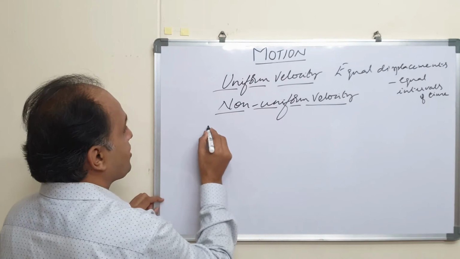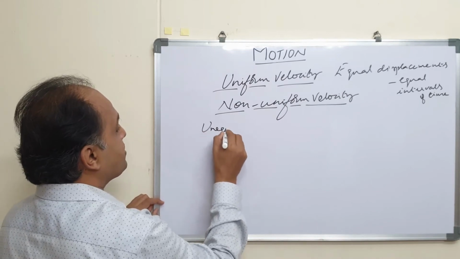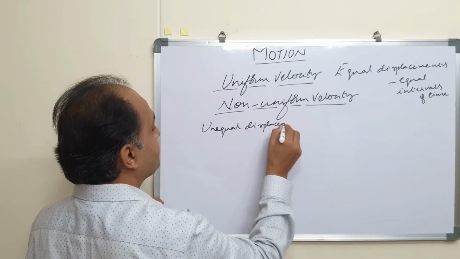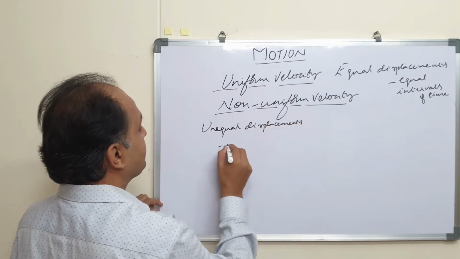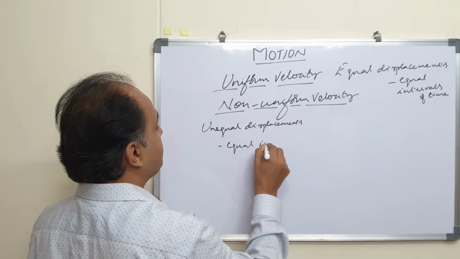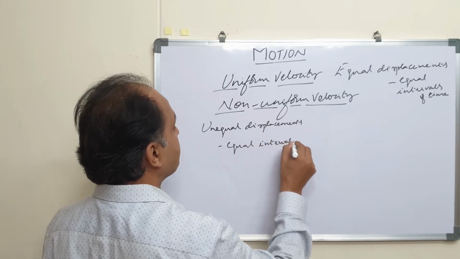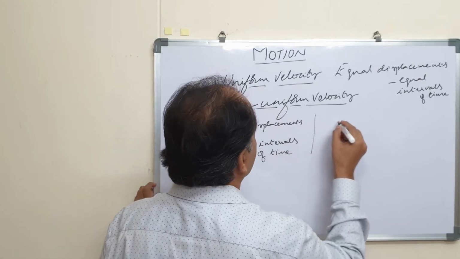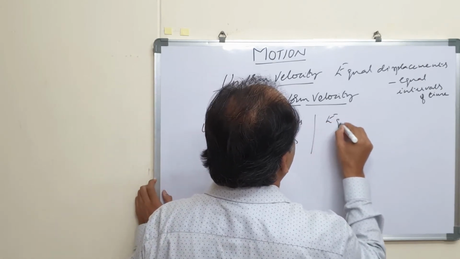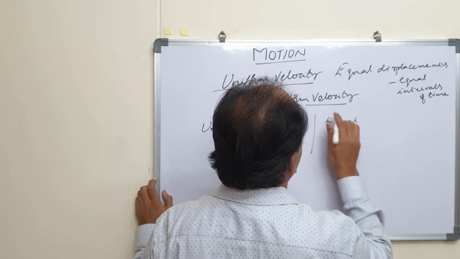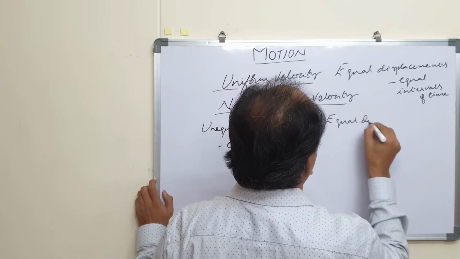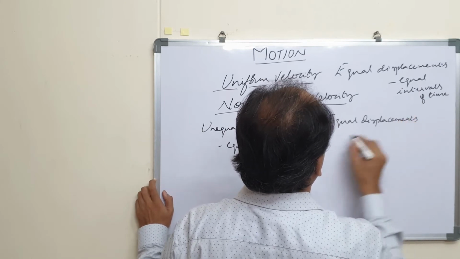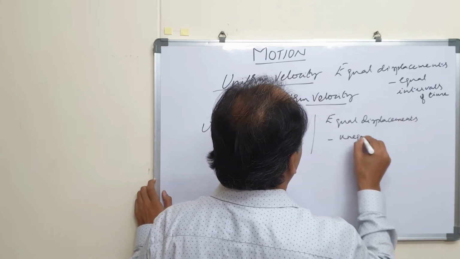Whereas non-uniform velocity is unequal displacements in equal intervals of time, or equal displacements in unequal intervals of time.